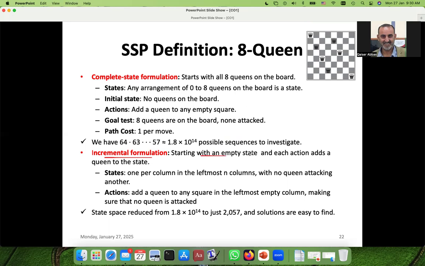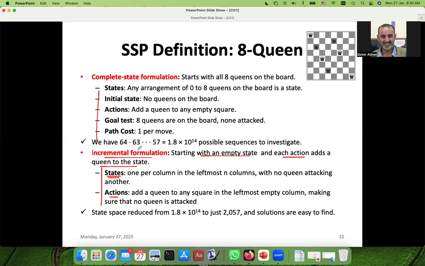So you have to start with the empty state, and each action will add a queen to the state. Here we are not writing all 5 components. The other 3 are the same. Only these 2 are different, so that's why only these 2 are mentioned. The rest are the same.